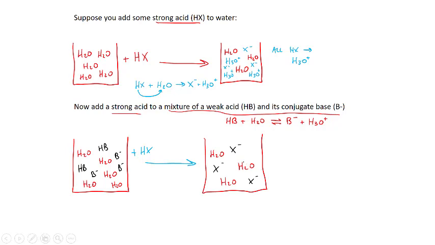But do we have H3O plus or not? Well, the answer is we are going to have some H3O plus, but we're not going to have as much as we did in the first situation. The reason for that is because instead of the HX donating its proton to water, the HX and the B minus are going to react to give us conjugate acid and X minus.